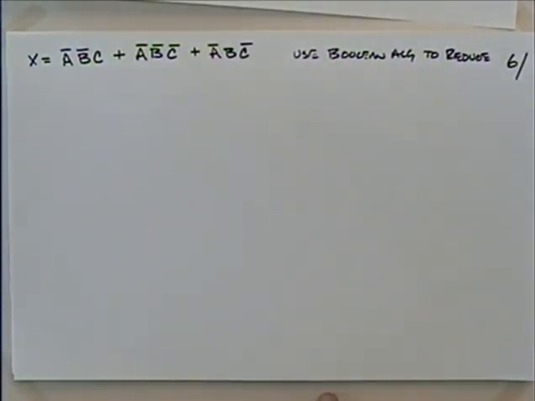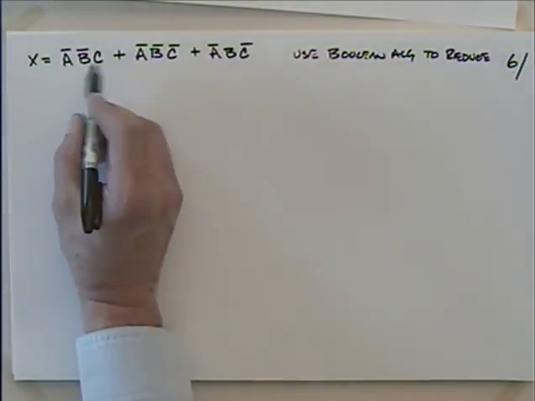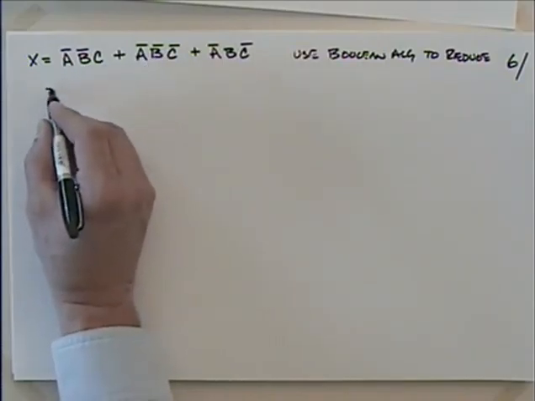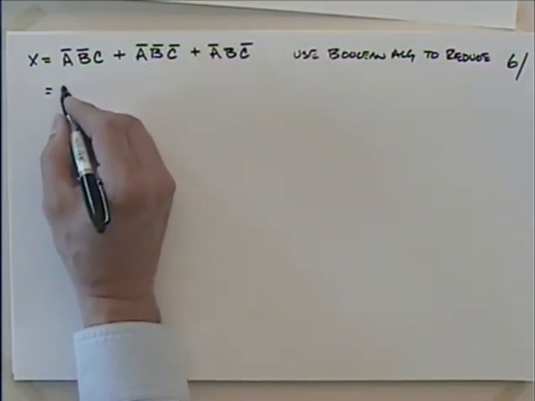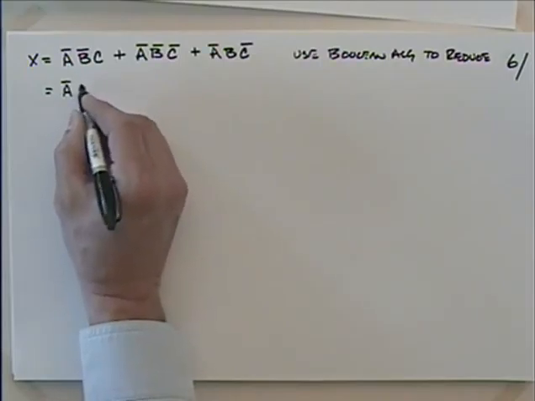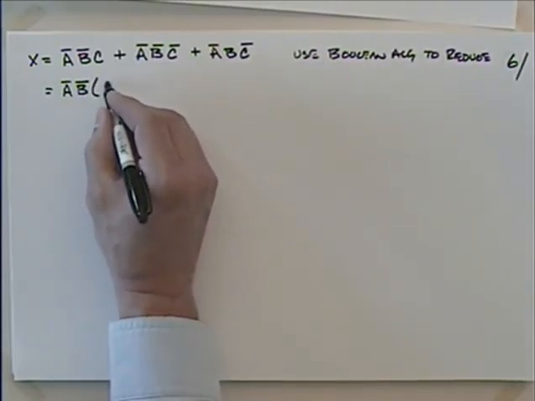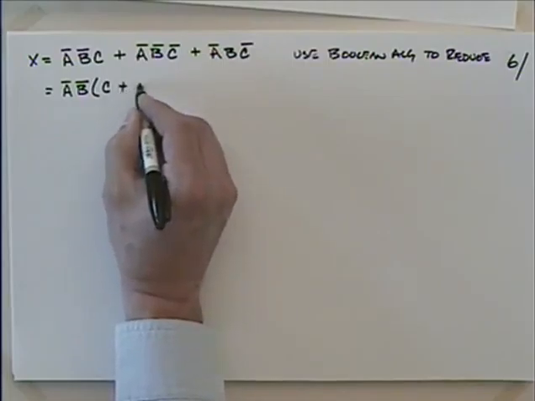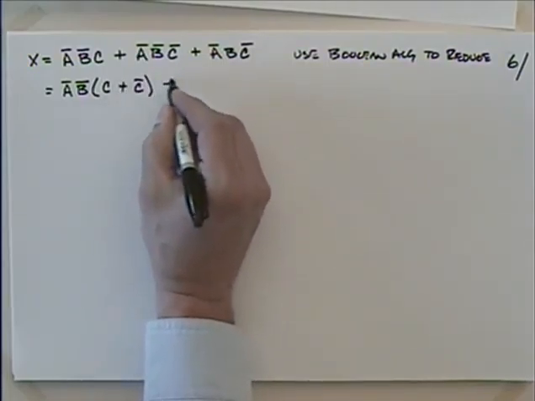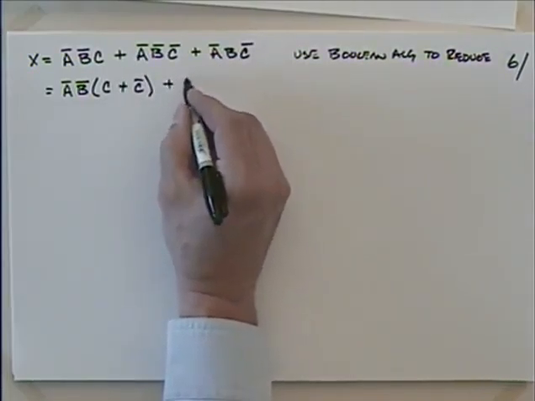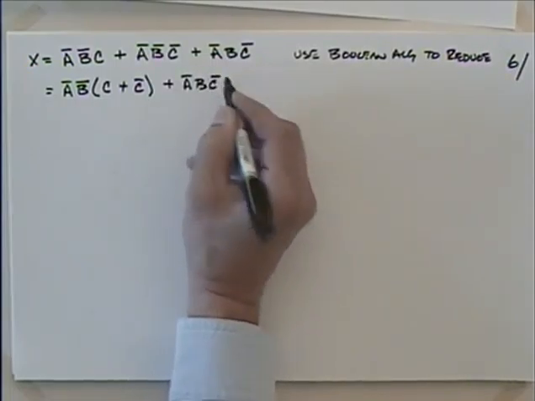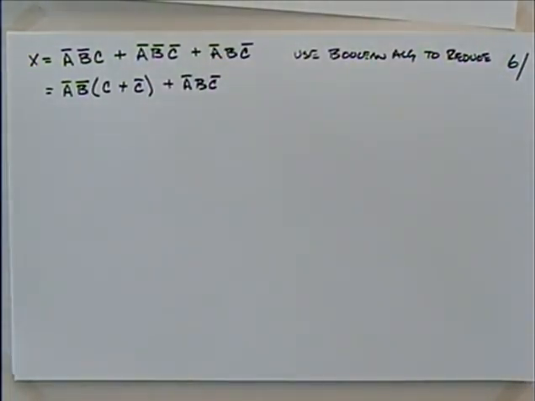So what can we do? Well, I've got not A and not B in both of these first two terms. So could I write this as not A and not B and (C or not C)? Would you buy that? Of course, I just have to repeat this last term. Everyone's good there? Okay.